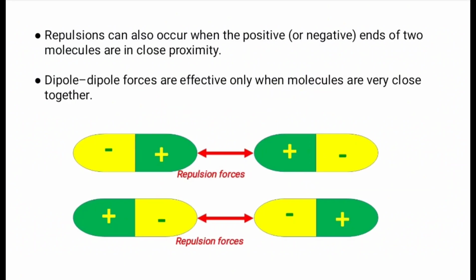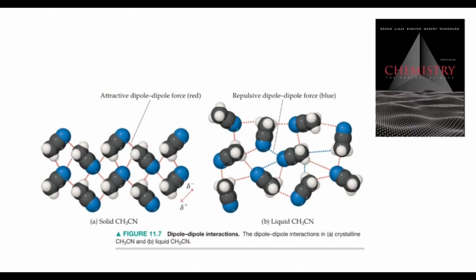If two positively charged or two negatively charged sides of dipoles turn to each other, there will be repulsion forces between them, as you can see in this picture. From the same book, I take this picture that you can see on your screen now. This shows attractive forces and repulsive forces of a solid CH3CN molecule. It's another example.